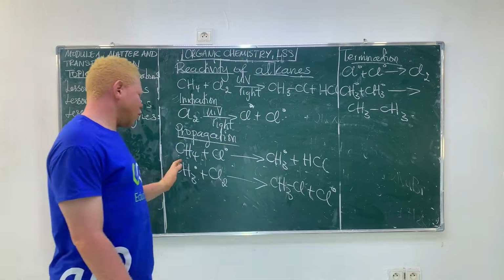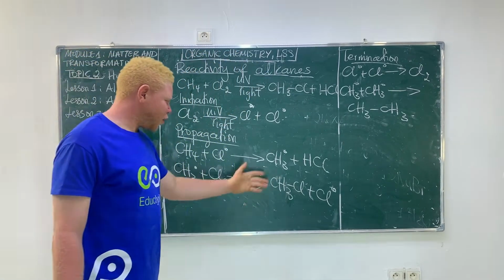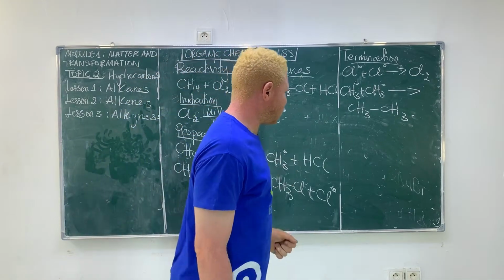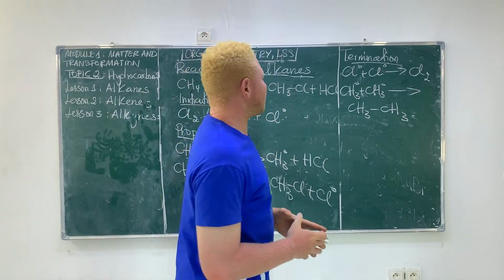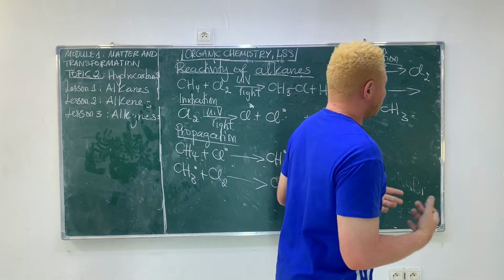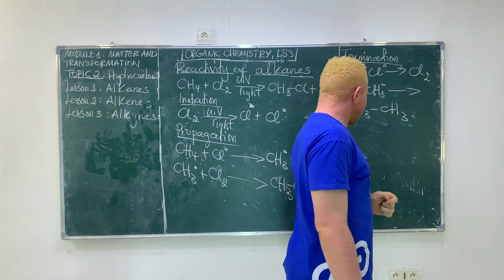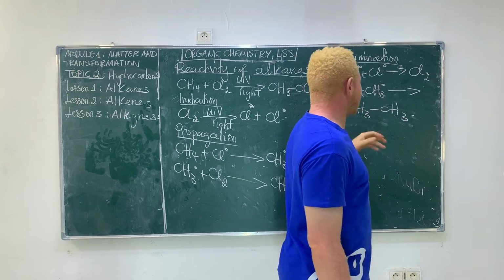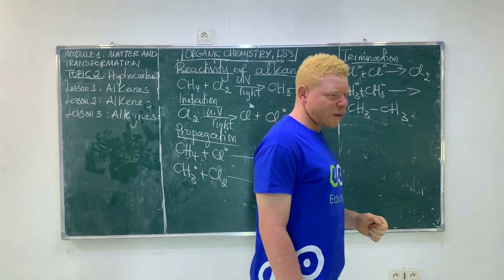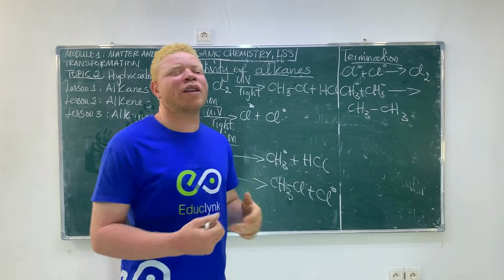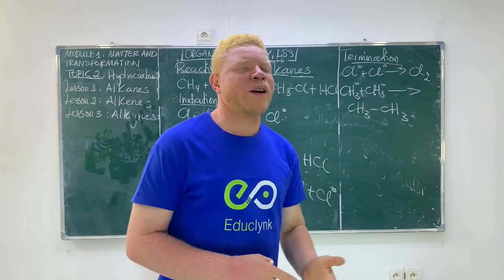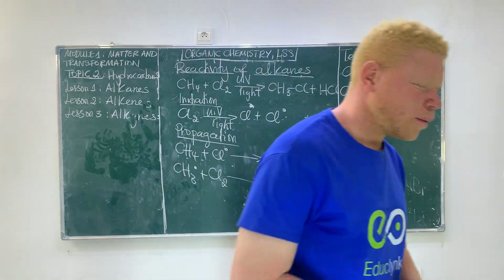We have CH3 dot plus Cl2 giving CH3Cl plus Cl dot. In the termination step, we have the recombination of the radicals. Cl dot plus Cl dot give Cl2. CH3 dot plus CH3 dot giving CH3CH3. So the mechanism occurs in three main steps: initiation, propagation, and termination.